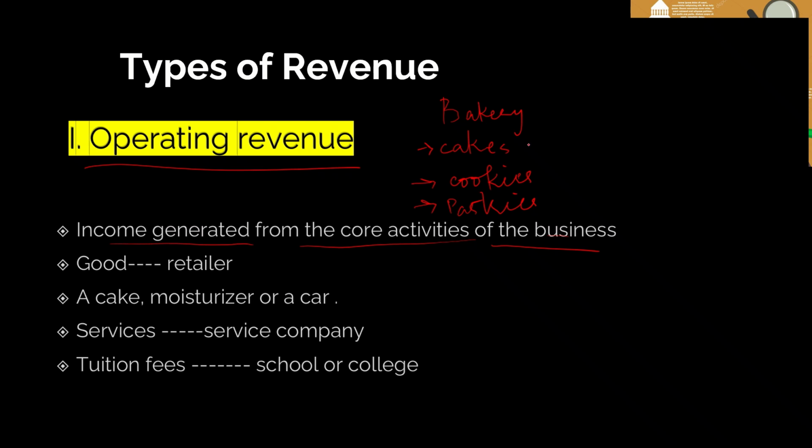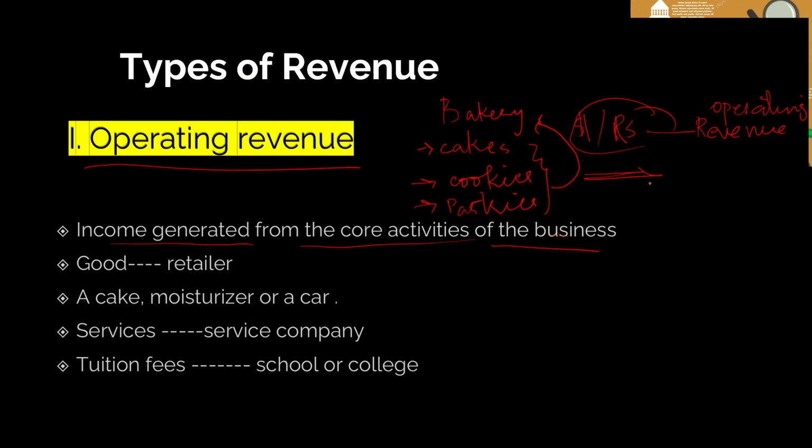Now these three items of the bakery are going to generate a dollar amount, or for example a rupee amount, whatever, but this amount is treated as the operating revenue. Why operating? Because this revenue is solely generated from the core activities of the business.